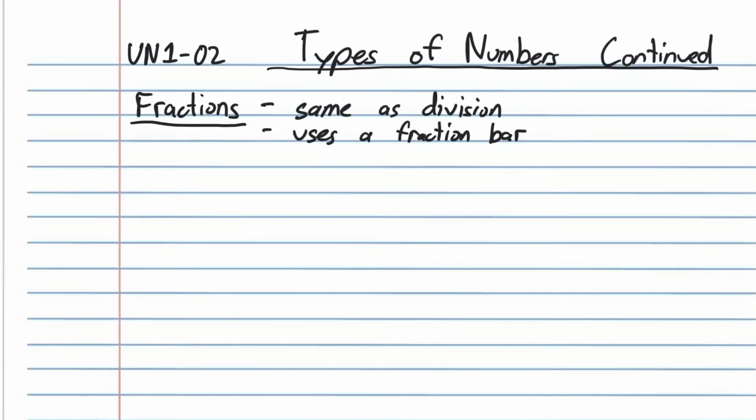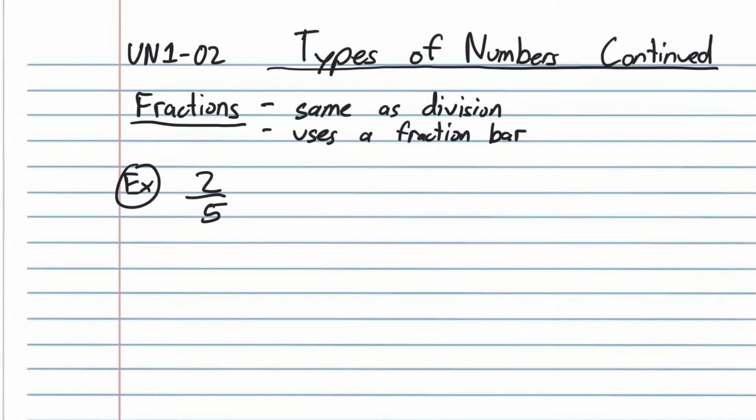Fractions can always be converted to decimals, and decimals can always go back to fractions. But for this class, it's going to be important to know how to work with fractions and not be intimidated by them. So for example, a simple fraction, 2/5.